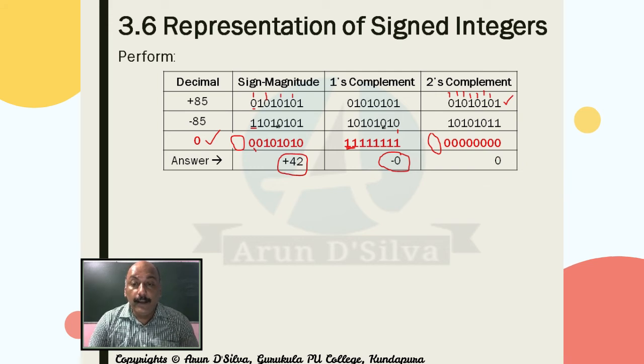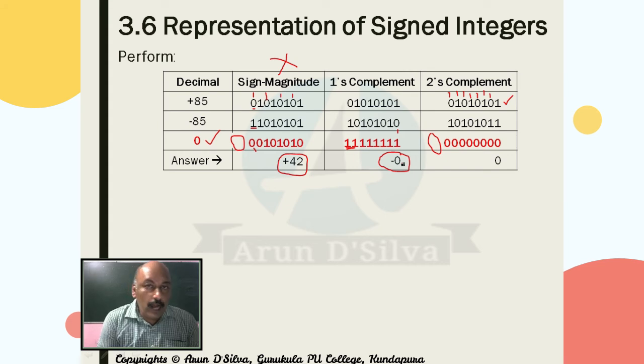Looking at these methods, my dear students, the first one, the sign magnitude method, gives a wrong answer. But 1's complement gives the answer 0, with a negative sign for 0. In reality, for 0 there is no sign. We learned very well that for 0 we don't put any sign. 0 is neutral.